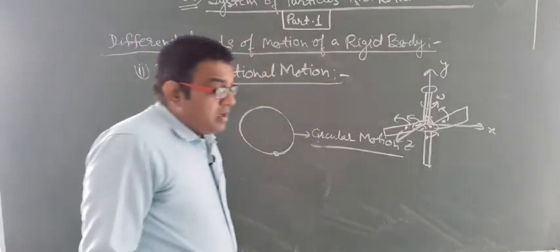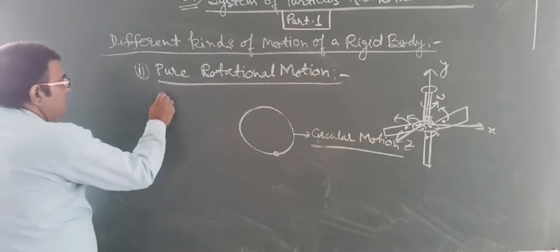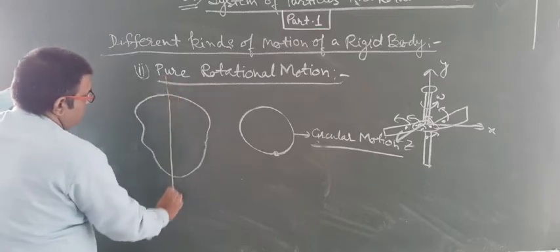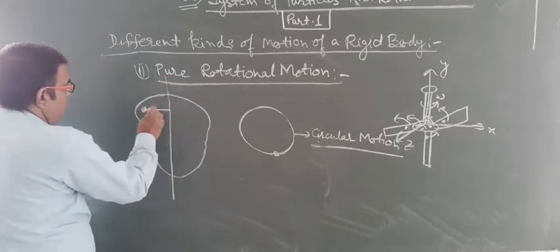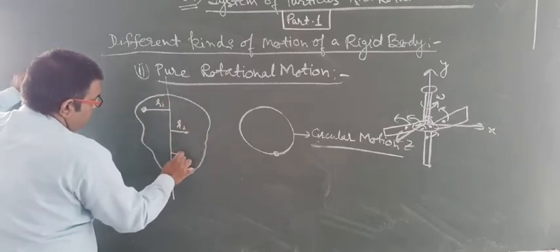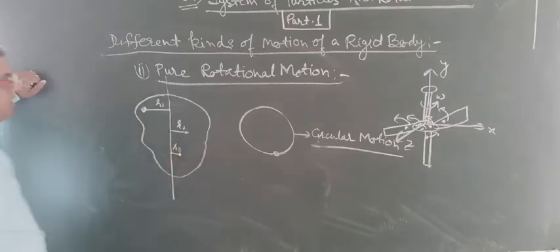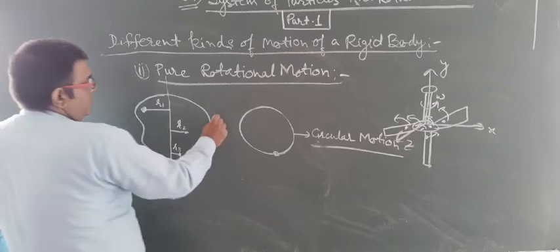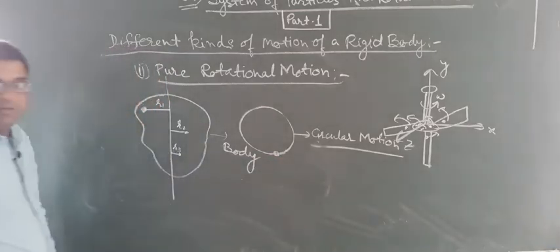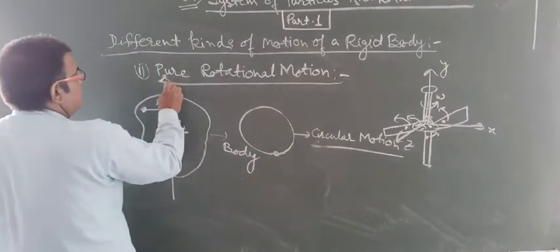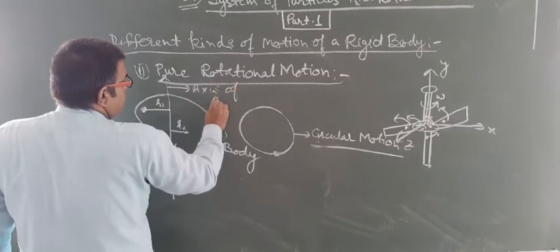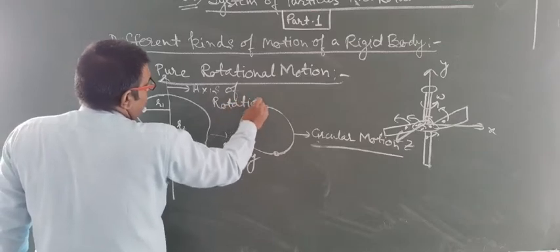Another example I am telling you. This is R1, this is R2, this is R3. Suppose this is the body, or the system of particles, and this is the axis of rotation.